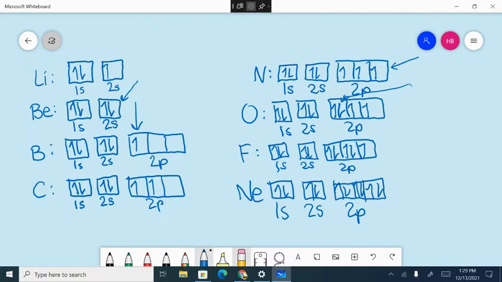Remember, when we talk about trends on the periodic table of the elements, they are not hard, fast rules. Some things are hard, fast rules. As you go across a period, the number of protons in the nucleus is going to increase. That's a hard, fast rule.